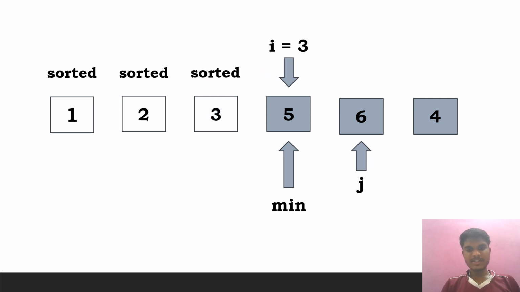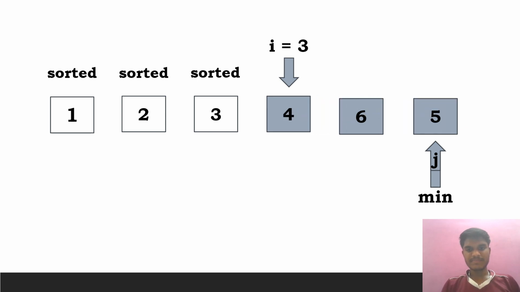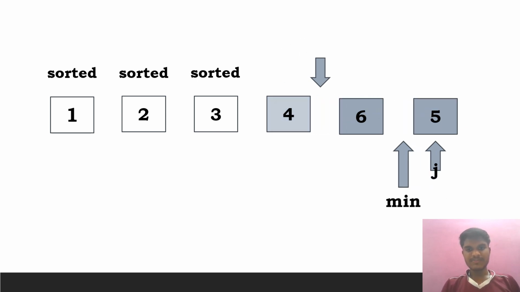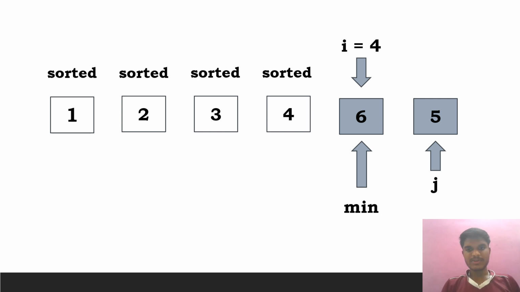Then we will check the condition minimum less than j, 5 less than 6, true. Then j is incremented. Then 5 less than 4, false. Minimum value becomes j, that is 4. And then in the fourth iteration, we will swap the minimum and the fourth element of the array. Then the first 4 elements become sorted.